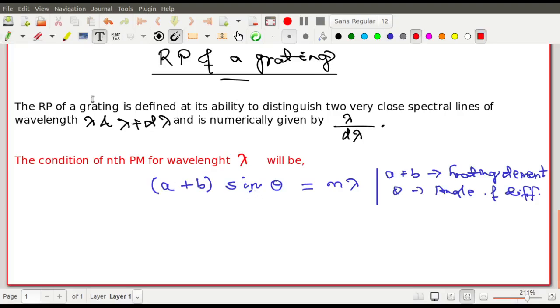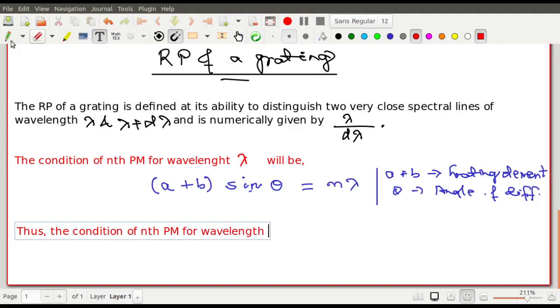Now the condition of the nth principal maxima for wavelength lambda plus d lambda, what will that be?